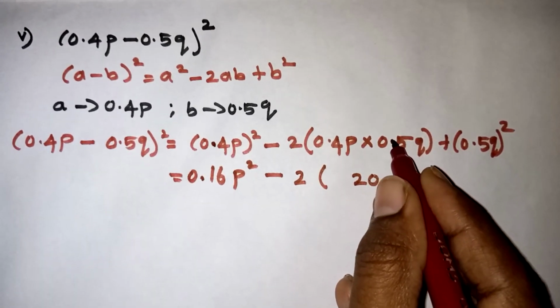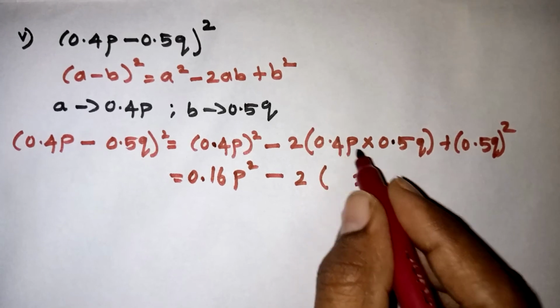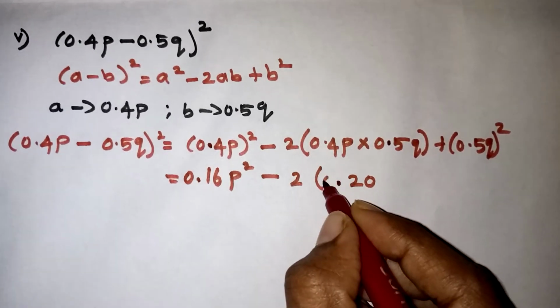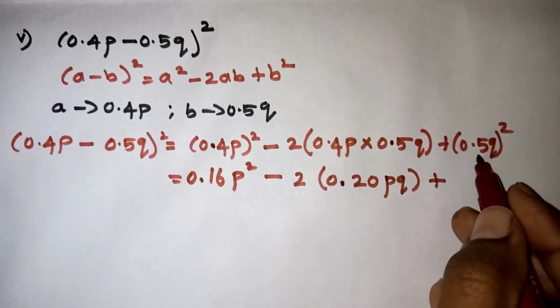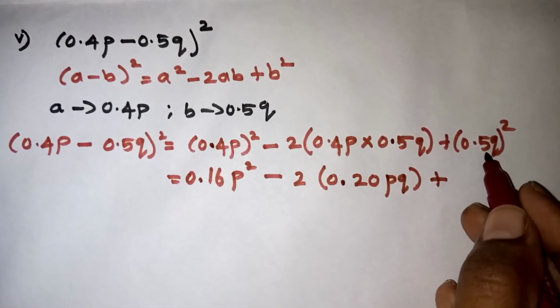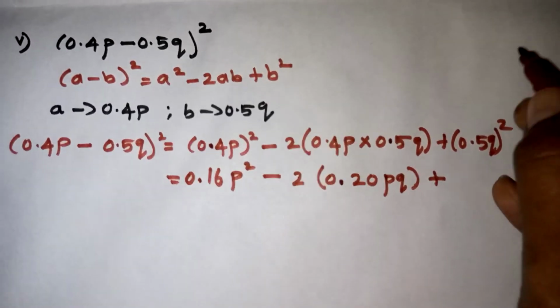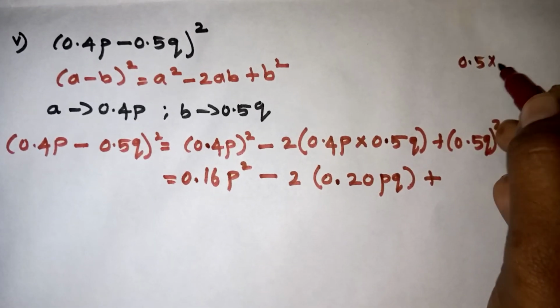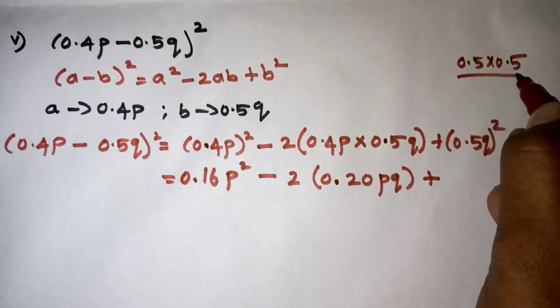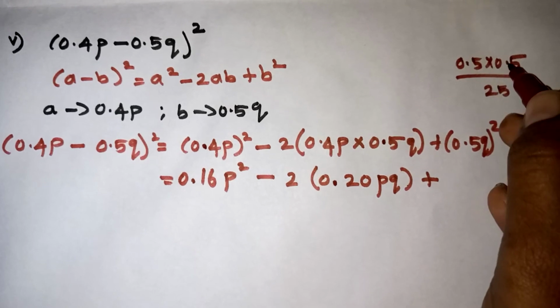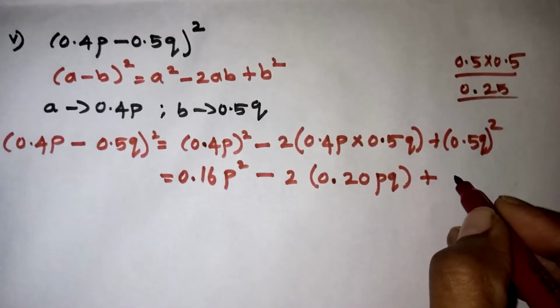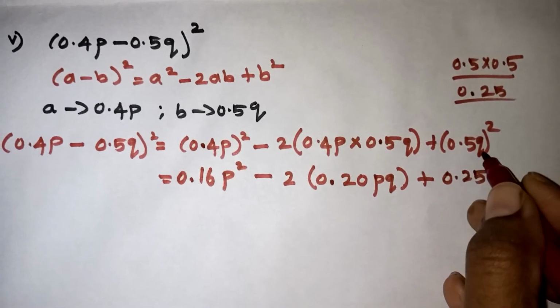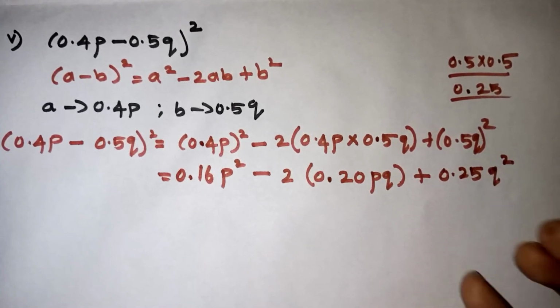Here after the point we have one number, here after the point we have one number, totally two numbers. So 0.20pq. Plus (0.5q) squared means 0.5 into 0.5 we have to do. 5 5s are 25. Here one number, here one number, totally two numbers should come after the decimal. So 0.25, and q will become q squared.